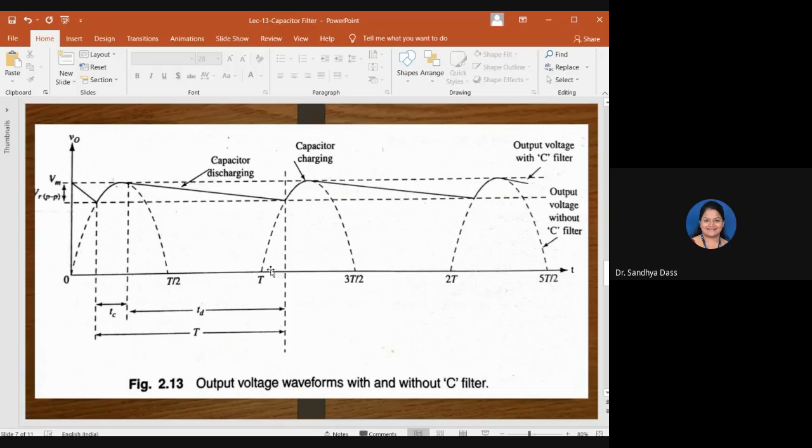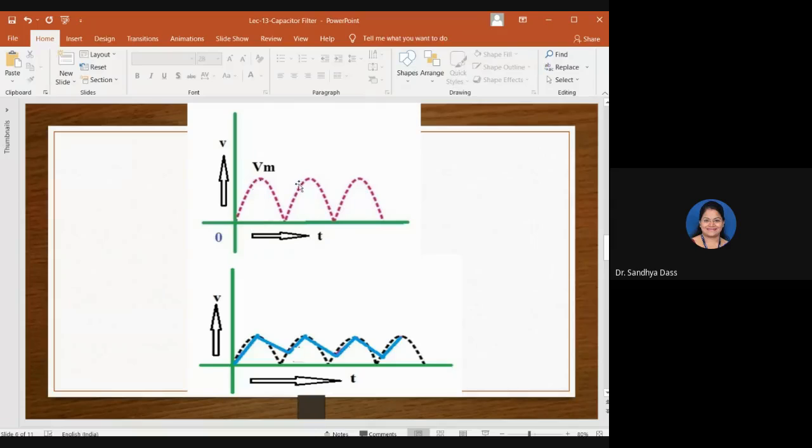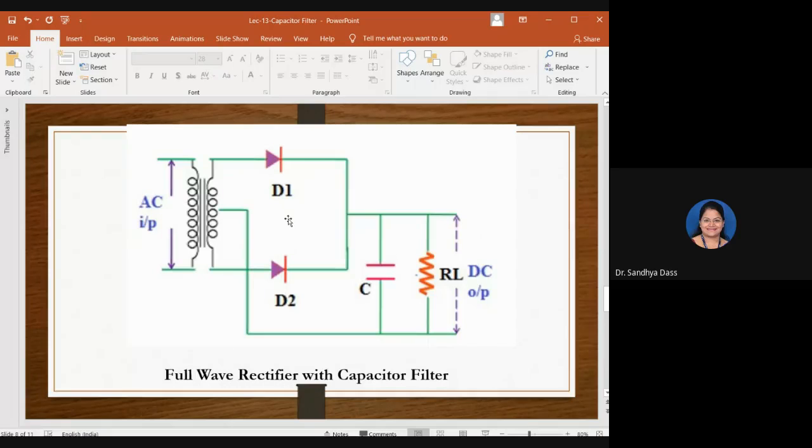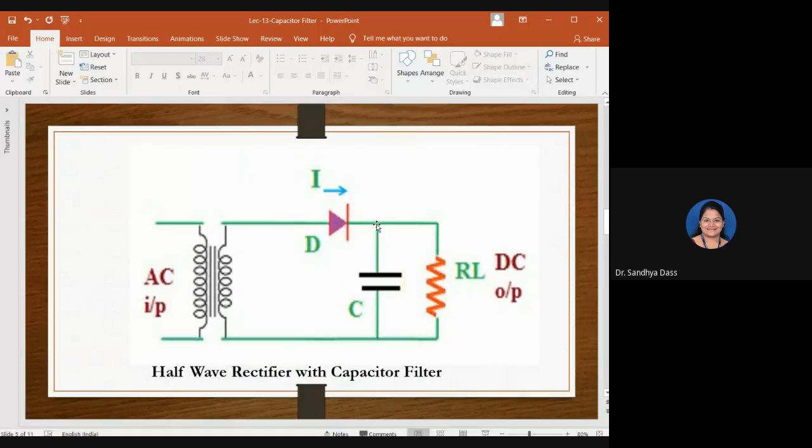In the next positive cycle, as the input is varying and reaching the maximum value, I don't have the input signal shown here. If the input crosses the voltage of the capacitor, which has discharged and is now less than Vm, and the input keeps increasing, then observe the condition of the diode: it will be forward biased.